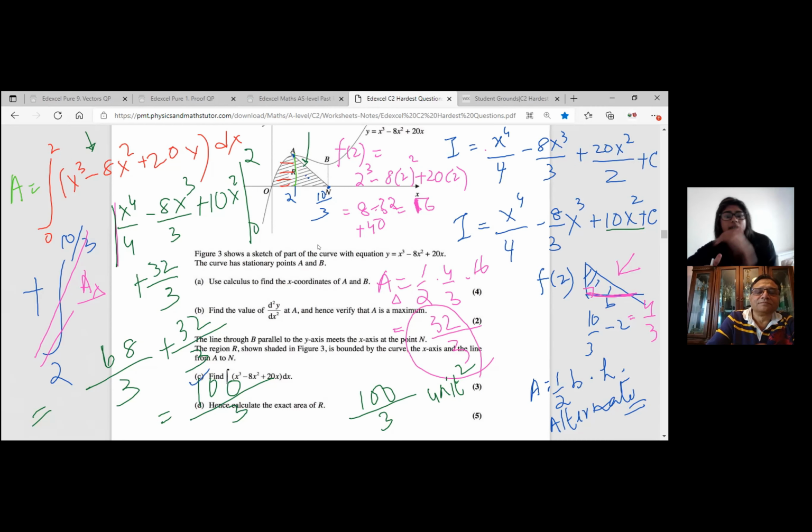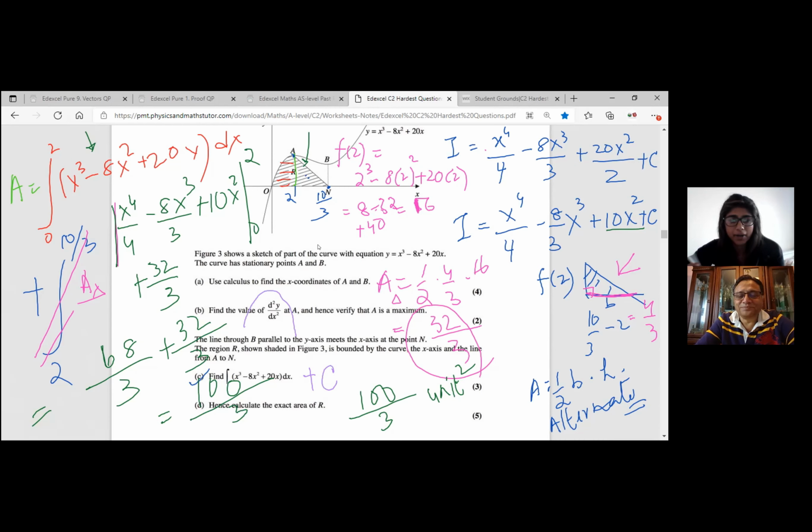Therefore, it is a maximum. And then part C was simply finding the integral using the power rules, and the plus C is critical, because the graphs can move up and down and shift.